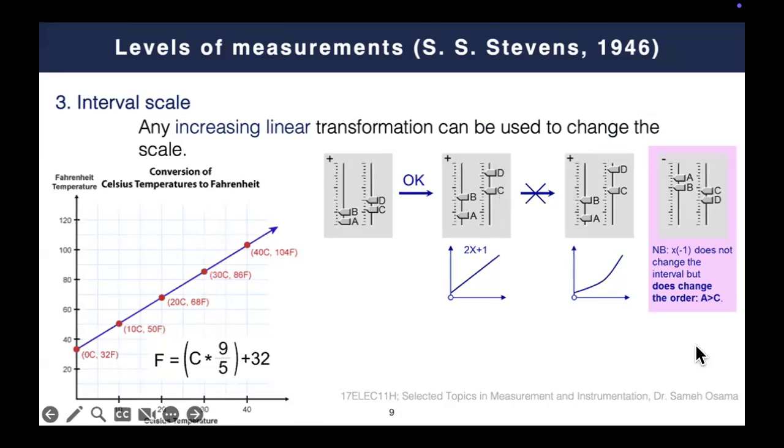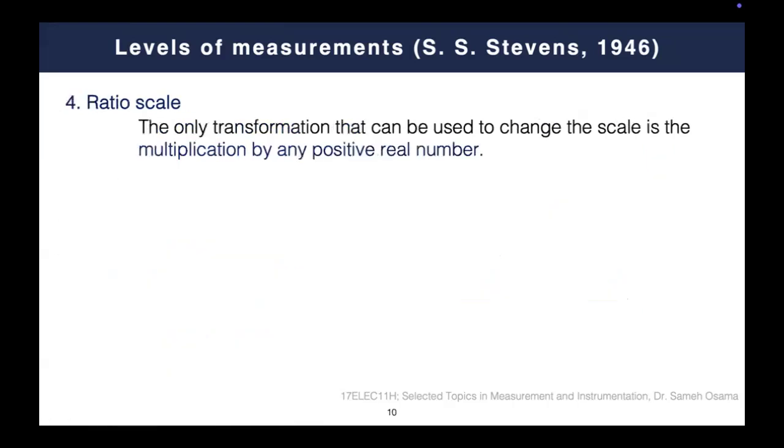However, this is a wrong example here because it doesn't change in a linear way. And this is what we can call the interval scale. Another type of measurement is the ratio scale, which is still linear, but just as an absolute.